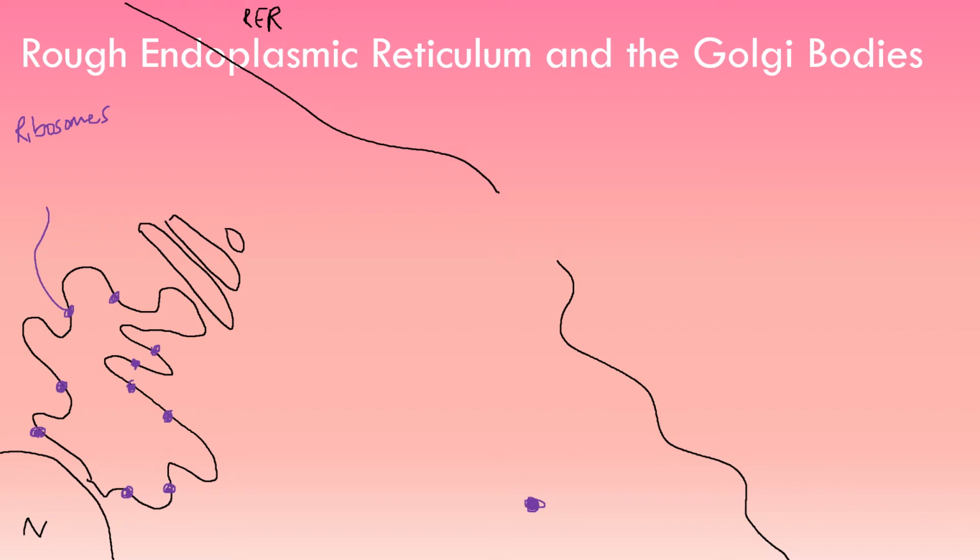So what happens is we take a copy of the DNA, we take it to the ribosome, which then takes the ingredients, chains them together to make a particular protein, which then can go onto the cell membrane. All right. Now, it's essentially the same way, but what we need to do by the end of it is package this protein in a vesicle, and that is what the job of the Golgi bodies is to do.